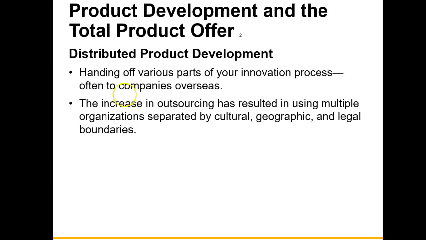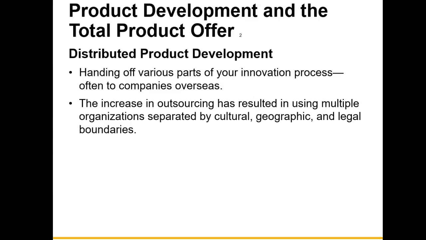Next, we're going to talk about the distributed product development, the development of different types of products. So, handing off various parts of your innovation process also to companies overseas. So, what we're saying here is that a company may not do the entire development of their own product. Some of the product process, if you will, may be handled by other companies.